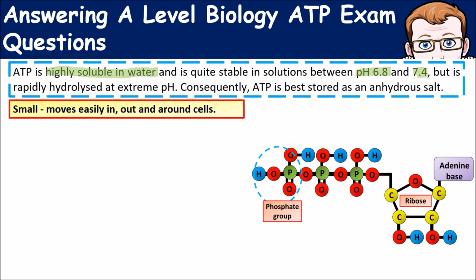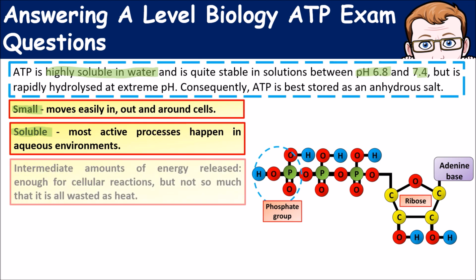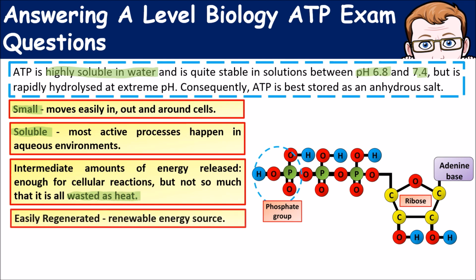If we look at some of its properties, it's small, so it moves around the cell easily. Like we said, it's soluble in water. It releases enough energy for cellular reactions, but not so much that the energy is wasted as heat.